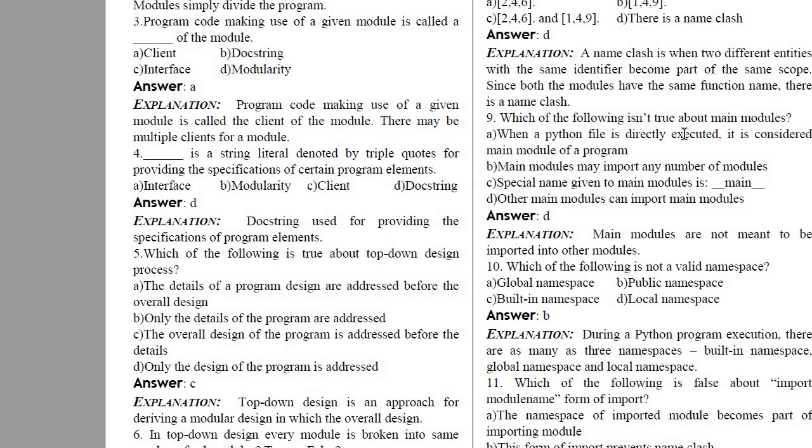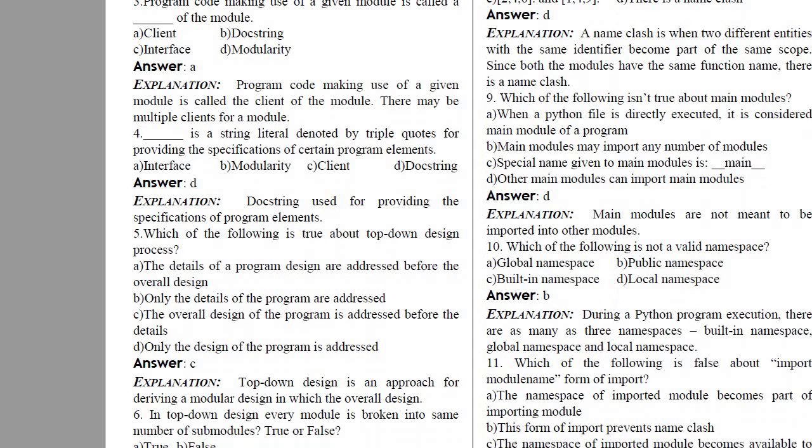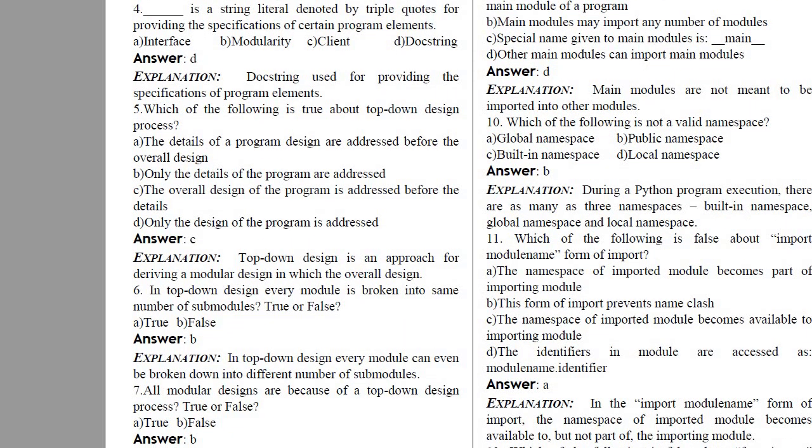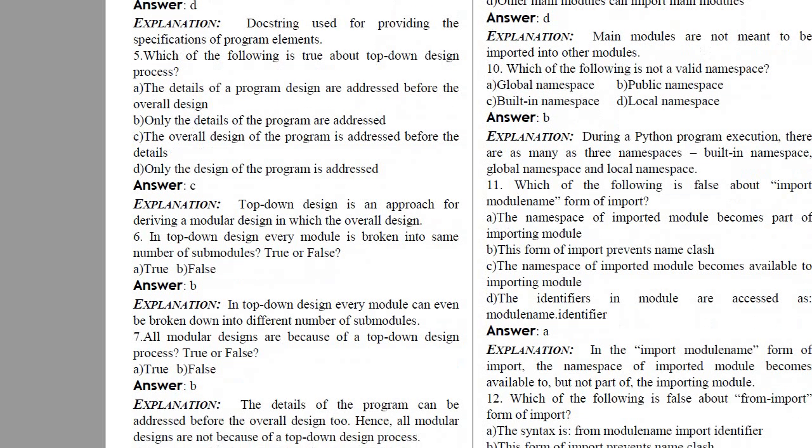Which of the following is false about the import module name form of import? The name or namespace of the imported module becomes part of the importing module. This form of import prevents name clash. Yes.